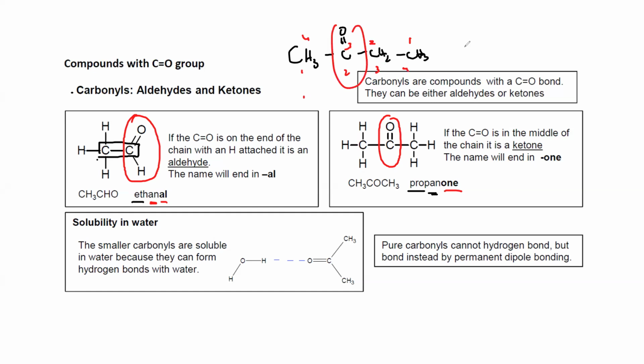So the second position has the carbonyl group. We call it but because of 4 carbons, an because of the single bonds in the carbon structure, and at the second position we have the ketone or carbonyl group, so we call it butan-2-one. When there's a symmetry, like if I count 1, 2, 3 or 1, 2, 3, it does not make a difference. That's why when the carbonyl group is surrounded by the carbon chain with an equal number of carbon atoms around it, we don't have to number. Is it clear?